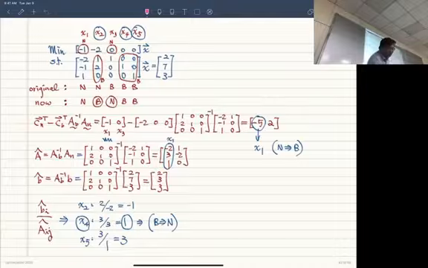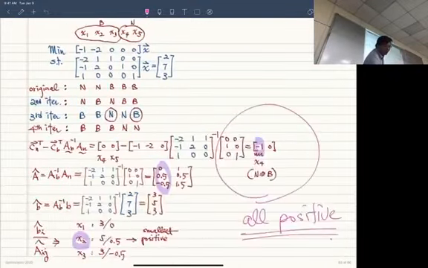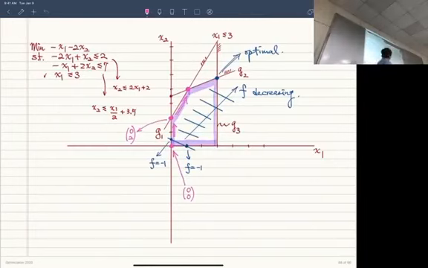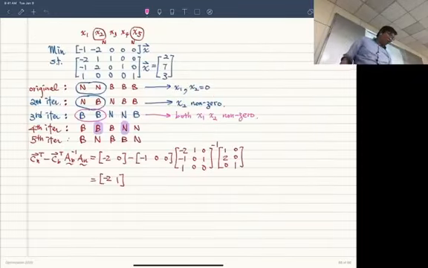So actually, linear programming is trying to follow that boundary, edge by edge, and moving from one intersection point to the other intersection point. Until you move on to here, supposedly your checking equation should give you both positive. That means you could not decrease the objective function anymore. You should stop.